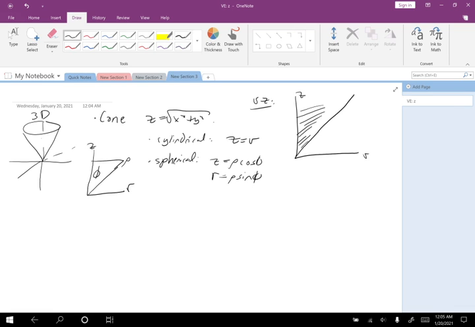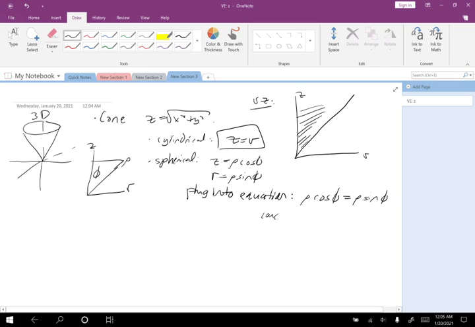Now what you do is you just plug this into the equation, and so then you get rho cosine phi equals rho sine phi, and you just cancel the rhos. You get cosine phi equals sine phi, and if we just refer back to the unit circle, let me just put a phi here.